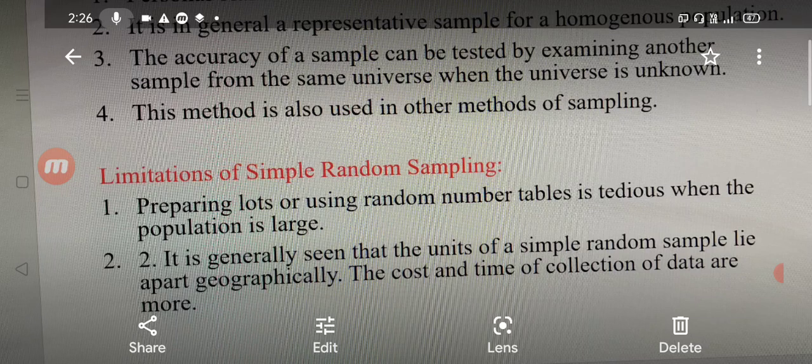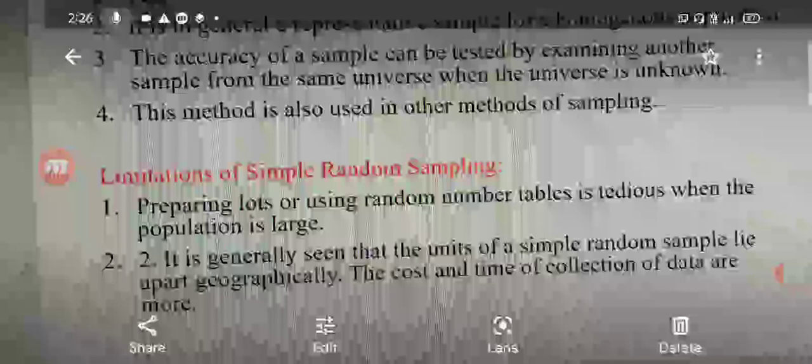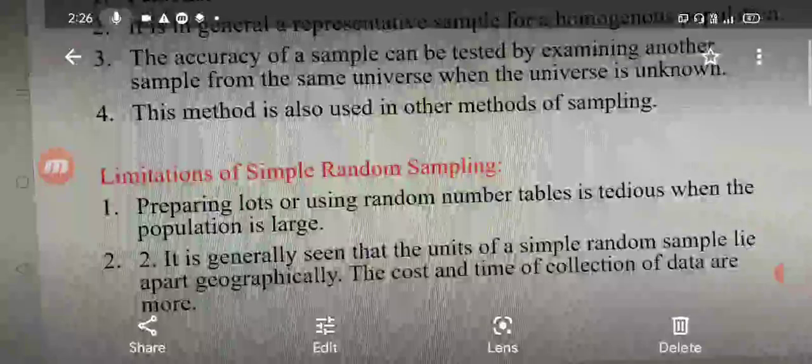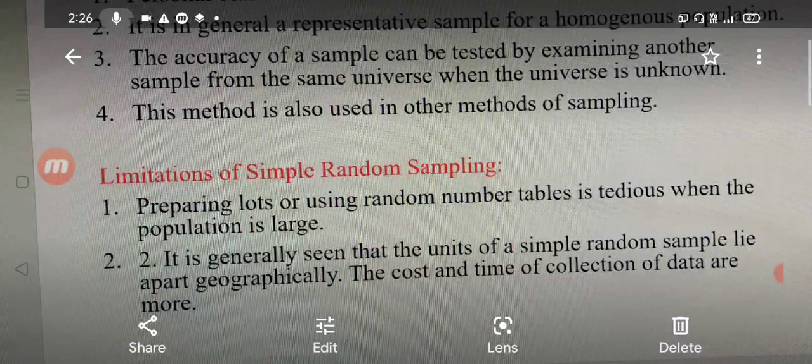So, sometimes these kinds of problems occur in simple random sampling, particularly with a large population or huge studies. So, this is about the simple random sampling.